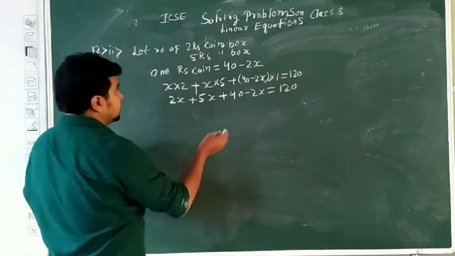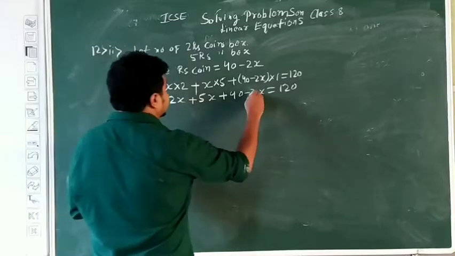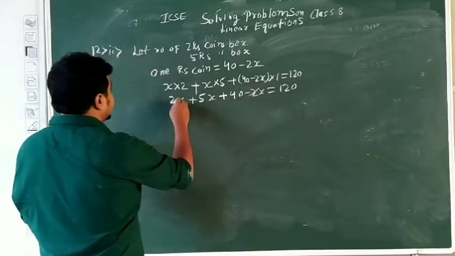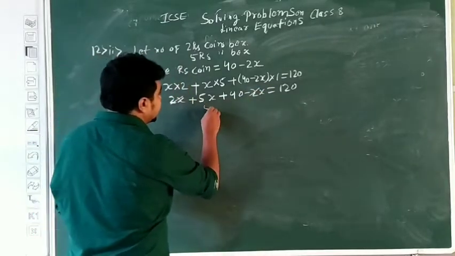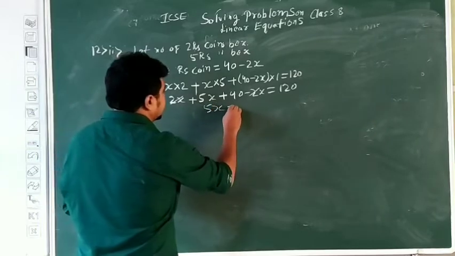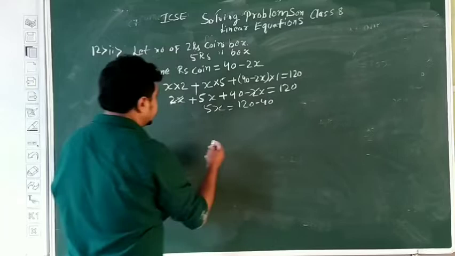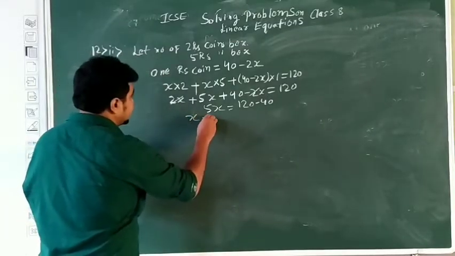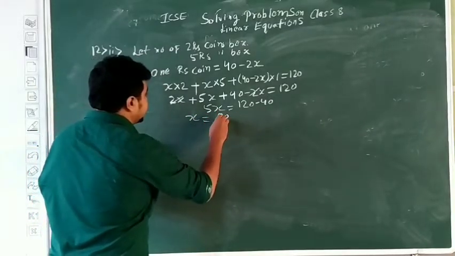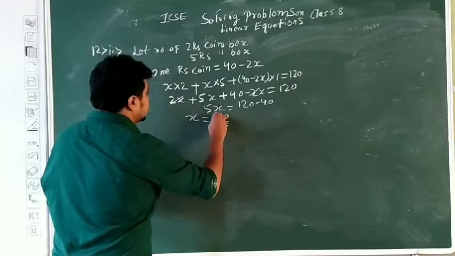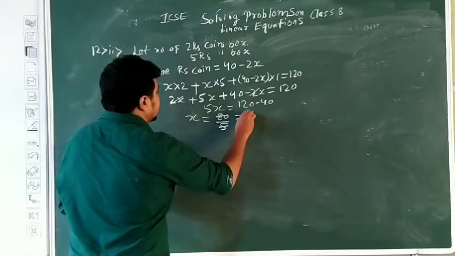So from here, 2x and minus 2x get cancelled. We get 5x is equal to 120 minus 40, which comes out to be x equal to 80 by 5, which is 16.